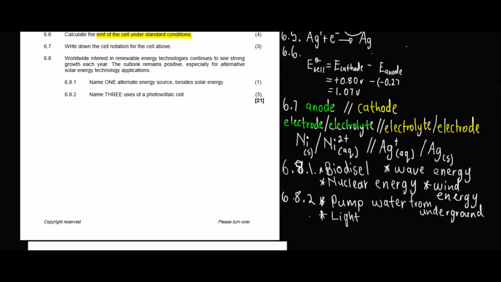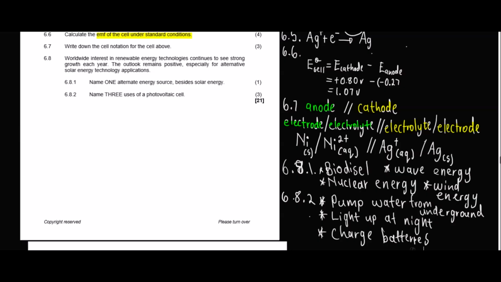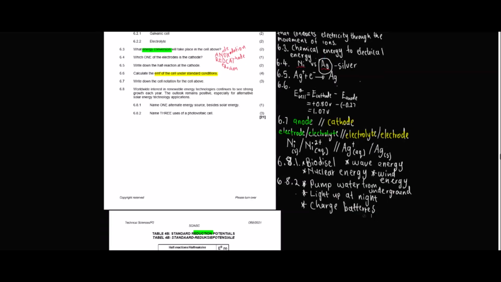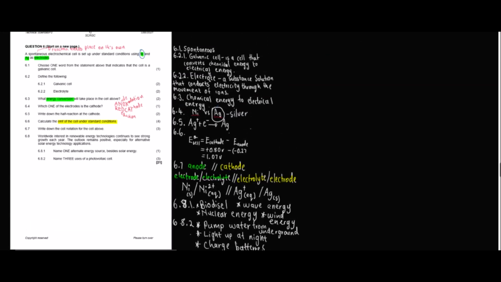What you can also do, you can light up at night. And another thing is you can charge batteries. So I think it's perfectly fine with this one.